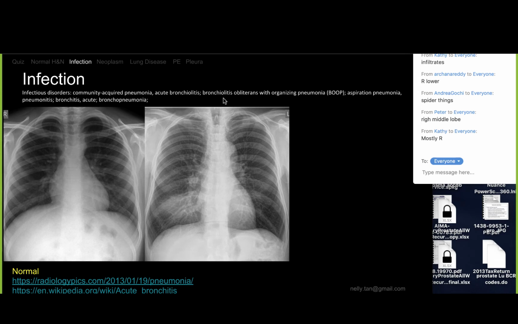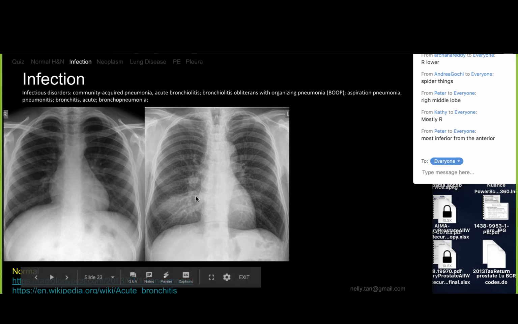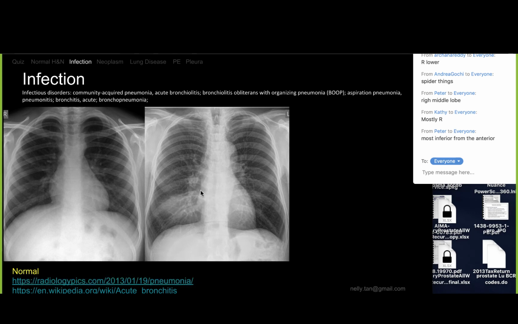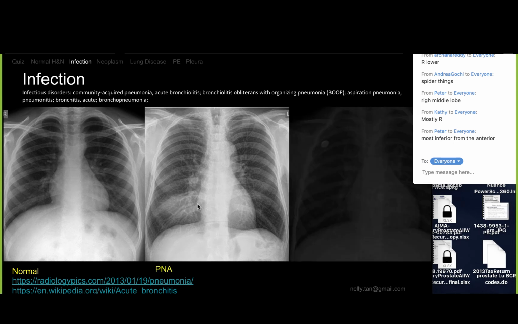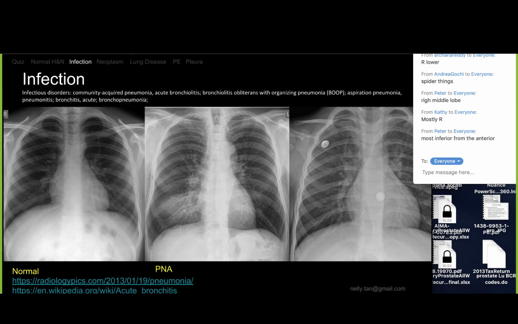Good. And why do you say it's right middle and not right upper or right lower? So it's touching the right heart border. So that's where the right middle lobe is. So that's why it's most likely a right middle lobe. Good. So that's consolidation.